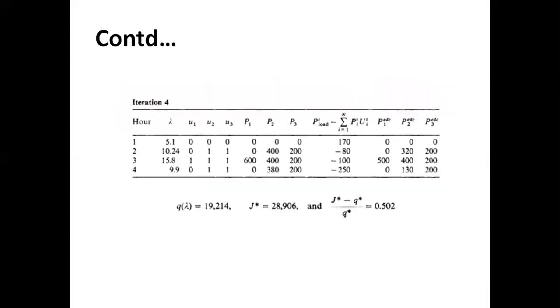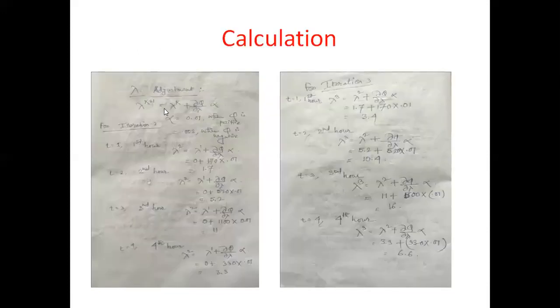In order to calculate lambda, lambda k plus 1 equals lambda k plus dQ/d lambda into alpha, where dQ/d lambda is the first order derivative of the objective function with respect to lambda. When it is positive, the value of alpha is 0.01, and when it is negative, the value of alpha is 0.002.